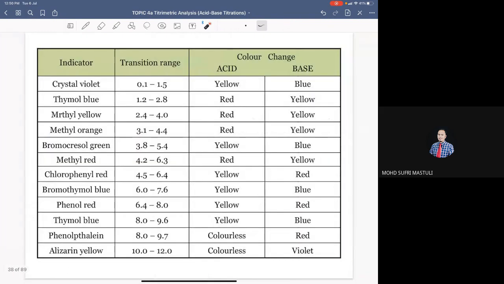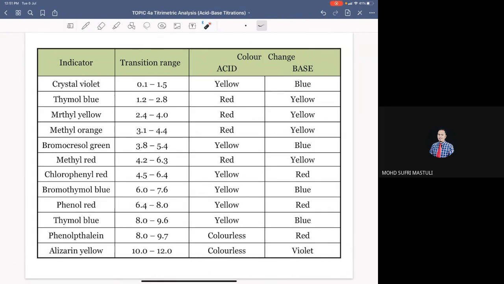This table gives you various options of indicators, for which the transition of color can happen at this range of pH. So we have to be very careful in selecting the indicator, and the color change from acid to base, base to acid, is indicated in the table.